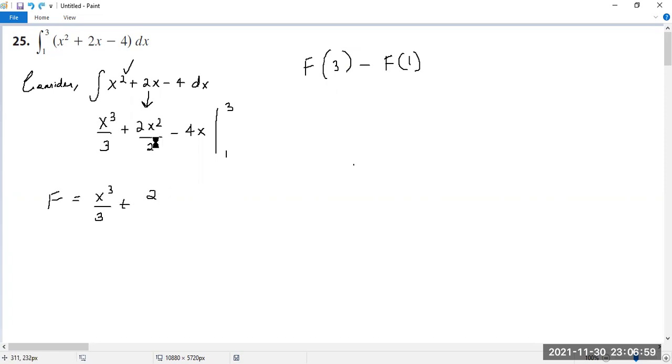Or you can actually take away these 2's. We'll just say it's x squared minus 4x. And we are now going to essentially plug in 3 and 1, and we're going to subtract them. So this would essentially be 3 cubed over 3 plus 3 squared minus 4 times 3.